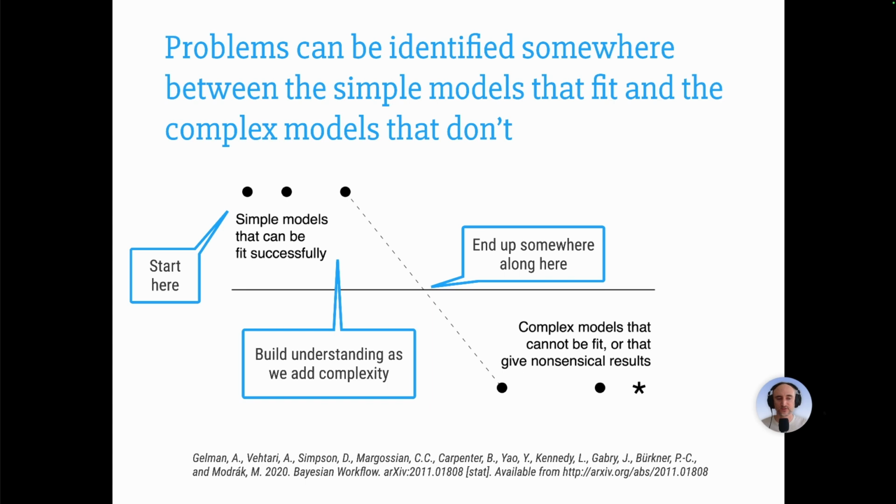For example, divergent transitions we talked about in the last stage, or models where the sampler just cannot converge in any reasonable amount of time. We want to end up somewhere along here between the simple models that we can fit and the complex models that we can't, at a level of complexity that captures the important aspects of our system.